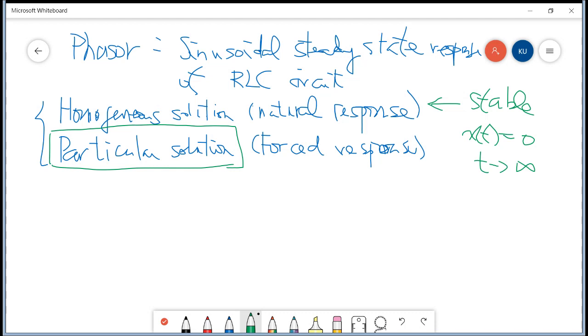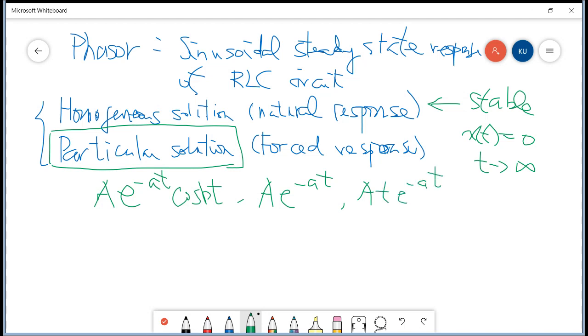Usually the homogeneous solution will be something like a times exponential to minus at cosine bt, or maybe a exponential to minus at, doesn't matter. As long as you have learned calculus, you know how to calculate the limit as t tends to infinity; all these functions will become 0.